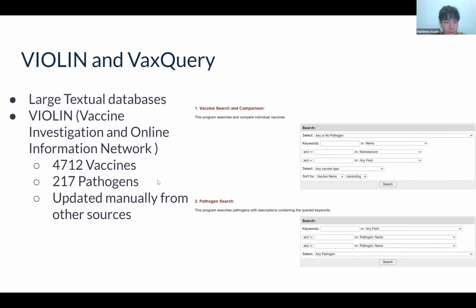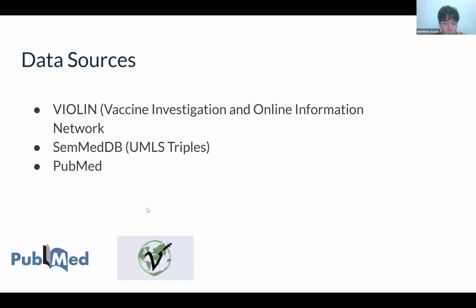So as for the data sources on this entire project, it's a combination of VIOLIN, SemMedDB, and PubMed. And SemMedDB is basically an effort to take every single PubMed abstract up until, I think, 2023 and essentially derive triples from them using UMLS.